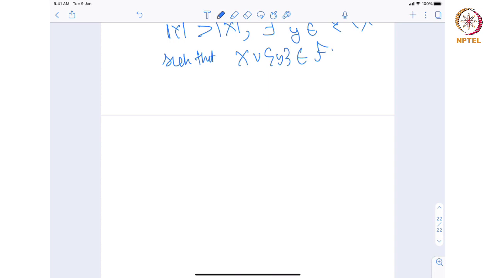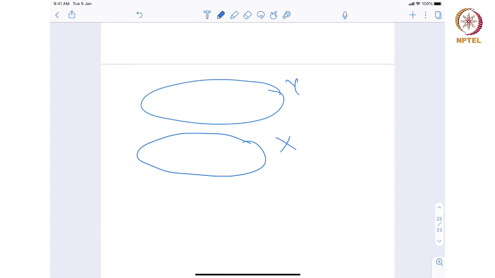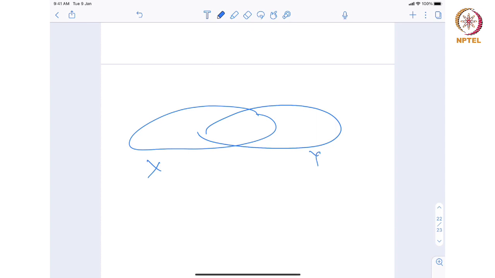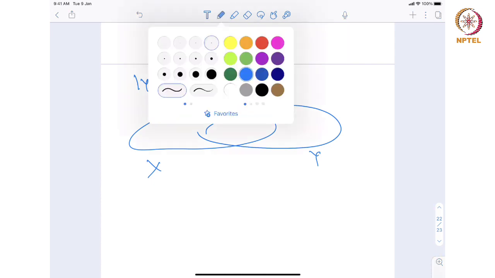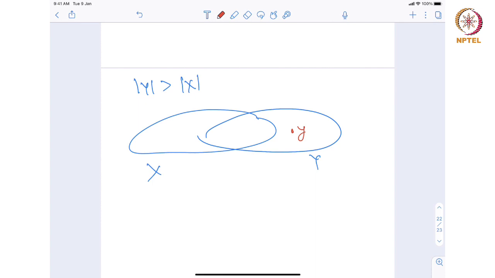So I have a big set Y and another set X, and the cardinality of Y is bigger than X. Suppose this is a set X and this is a set Y. Then I will be able to find an element y here such that X union y is in my family.